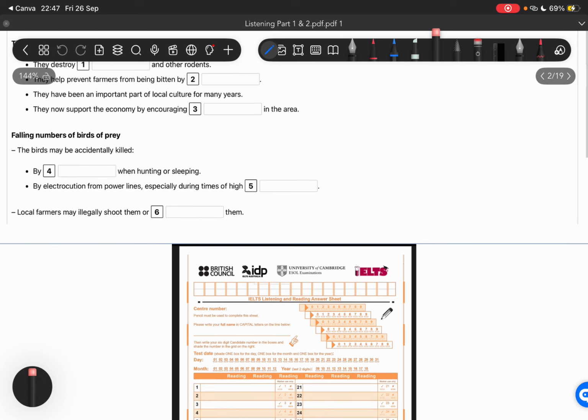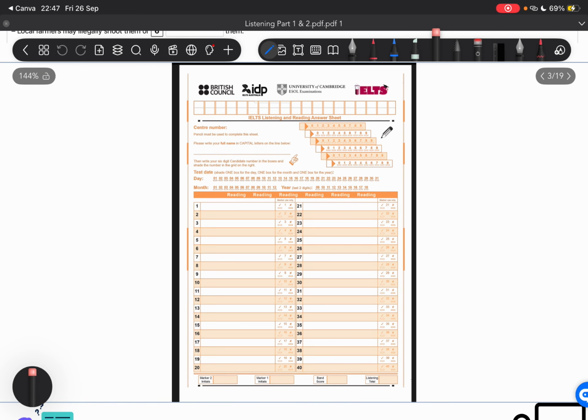If you are going to take a paper-based test, you will have this answer sheet, but you will also have an answer booklet. When you do your listening, you will write your answers on the booklet.